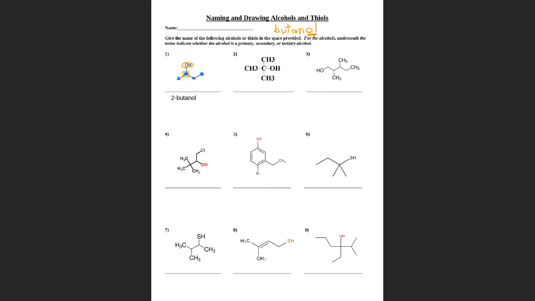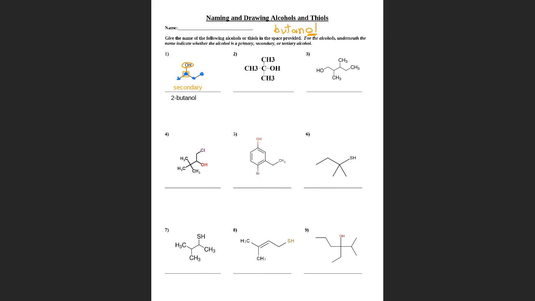Yeah, 2. So it only has 2 direct bonds to other carbons. And because of that, this would be classified as a secondary alcohol. A primary would only have 1 carbon directly bonded to it. A secondary has 2 carbons directly bonded to the alpha carbon. And a tertiary has 3 carbons directly bonded to the alpha carbon.